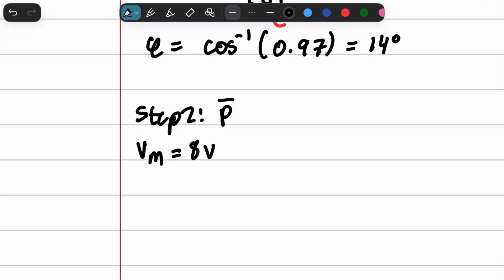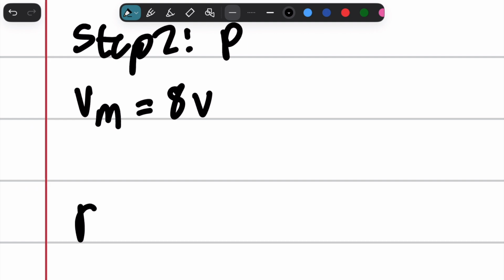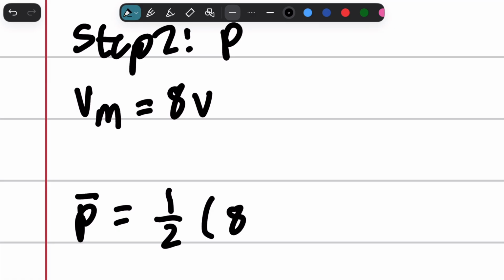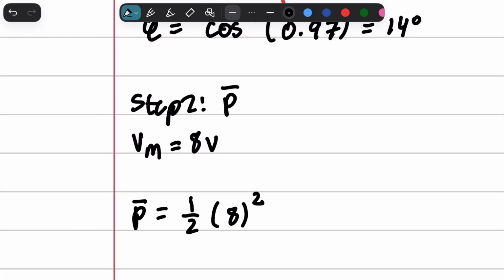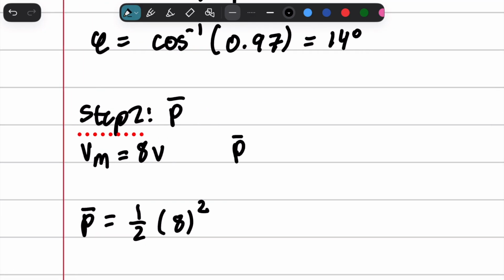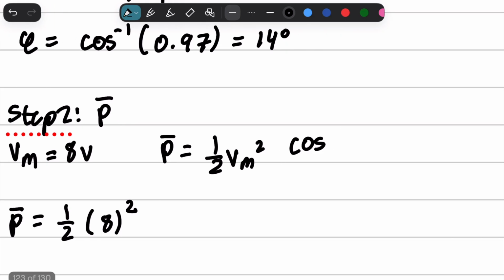And so at this point forward, we just have a simple plug and chug. 1/2, and we know it's 8. It's going to be 8 squared. We're going to use P is equal to 1/2 Vm squared, and then because we already have the power factor, we can just do this. And either way, it's going to work.